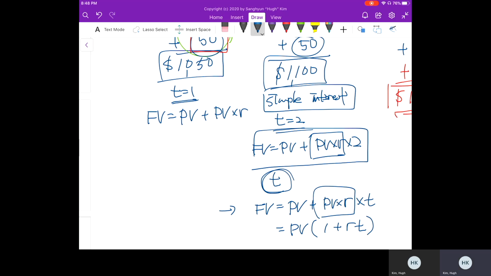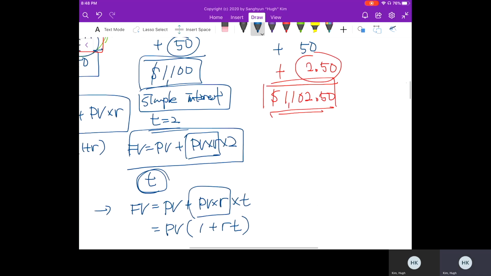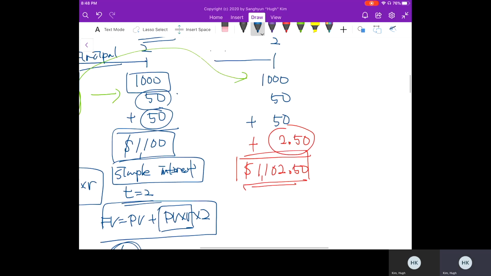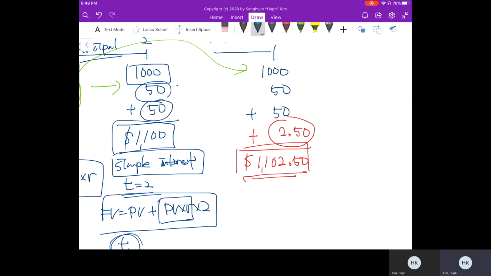How about if you use compound interest? For time t is the same thing, but things start to change after the first period.